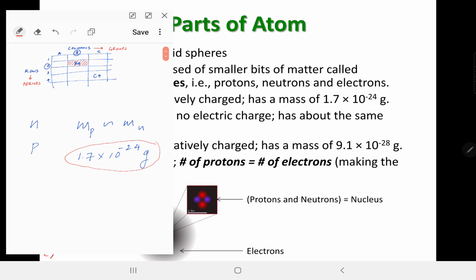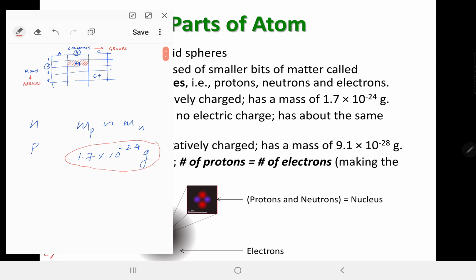One gram is a very small entity; a few sugar grains will be about 1 gram. To have a minus 24 factor in the mass of a neutron or a proton, they are very tiny, even lighter than very tiny dust particles that we could barely see.